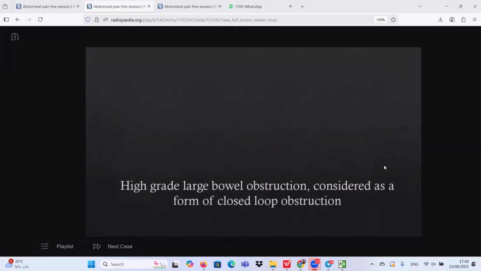So the dilated segment will be entrapped between the colonic obstructing site and the ileocecal valve. So it is considered a form of closed loop obstruction. Take care of this point, and it can be associated with a high possibility of colonic perforation, most probably at the cecum.